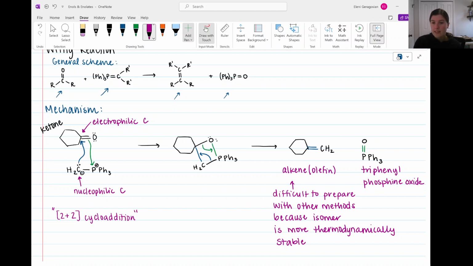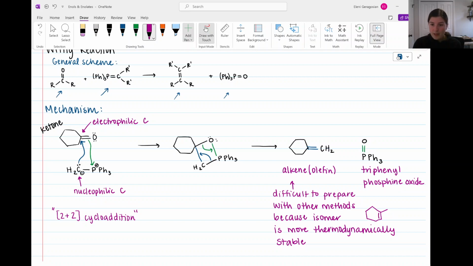So this alkene is difficult to prepare with other methods. So we prepare it with the Wittig reaction, but difficult to prepare with other methods because the isomer that I'm referring to is another 6-membered ring with a methyl group, and the pi bond is within the ring. This is a more thermodynamically stable isomer than the alkene that's formed through the Wittig reaction.